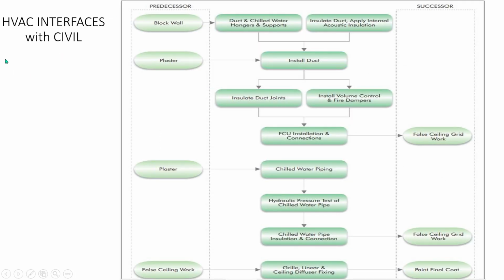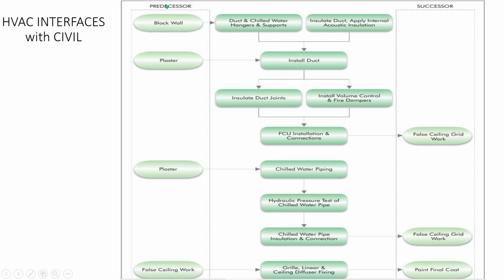Well, let's move to all the services' interfaces with the civil department. I hope you remember there are predecessor and successor activities for each activity. When it comes to the civil department, they are the major trade involved in the construction industry.